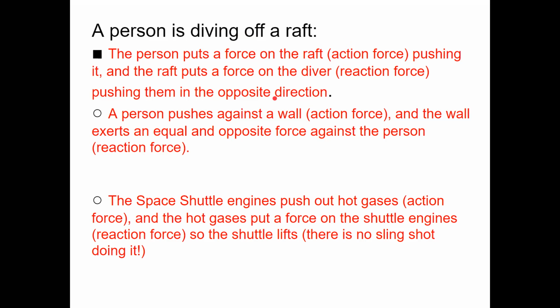So you're exerting force in one direction. The boat is exerting a force on you in the opposite direction. So you jump off one way and the boat starts moving across the water in the opposite direction.